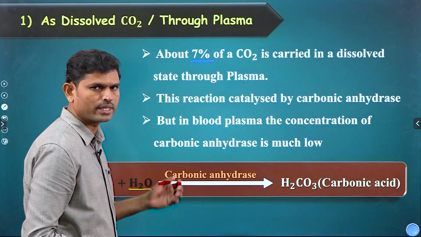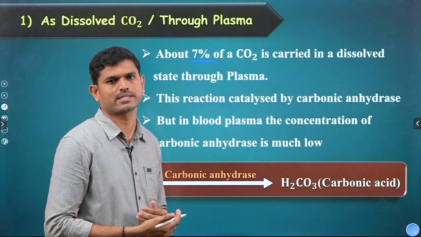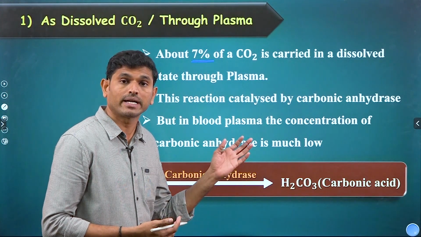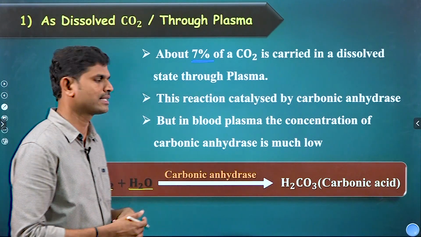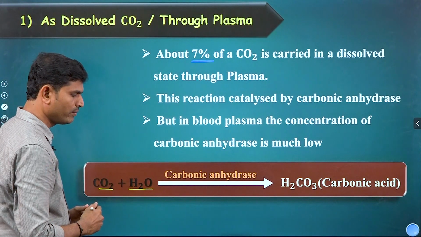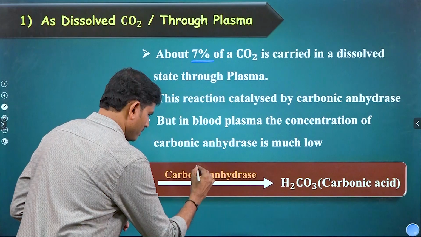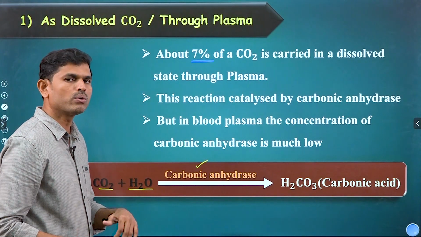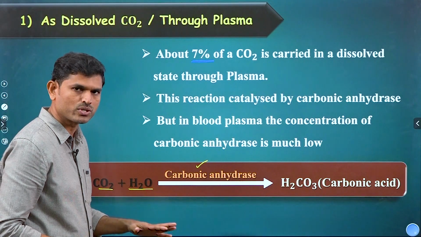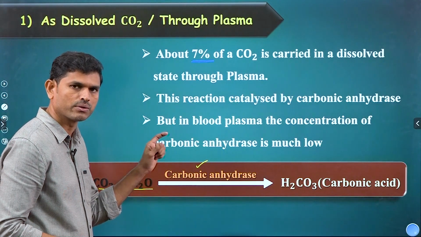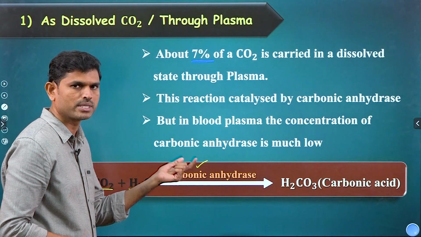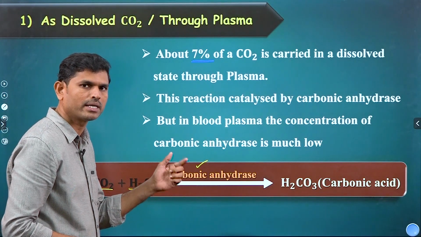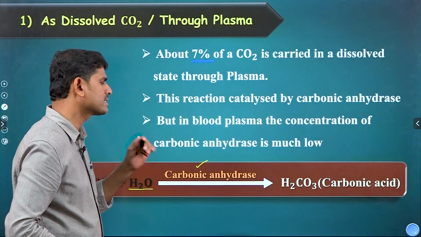As we saw previously in exchange of gases, it has 20 to 25 times greater solubility, so it can easily dissolve in water with the help of carbonic anhydrase. Outside of the body also, as I mentioned, in a physiological solution, this process takes place, but it is negligible.